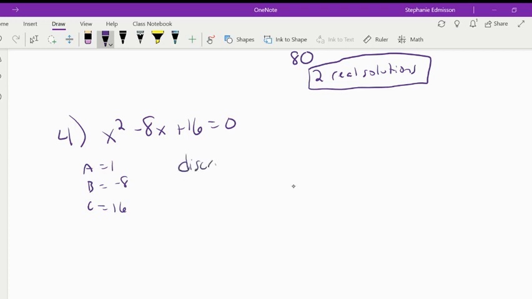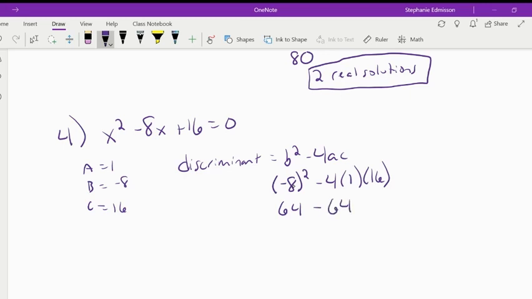Discriminant equals b squared minus 4ac. Okay, b is -8. -8 squared minus 4 times 1 times 16. 8 squared is 64, minus 4 times 16 is also 64. So I get 64 minus 64, which gives me the number 0.